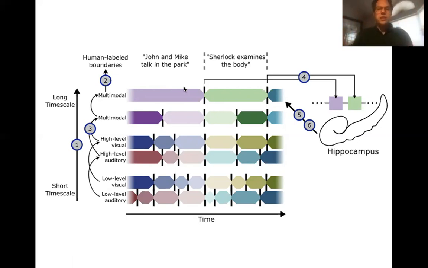So in this left part, we're seeing John and Mike talk in the park, right? And from this multimodal region of the brain, it's synchronized over the whole length of this scene, because these higher level areas of the brain understand what's happening at this highest level.